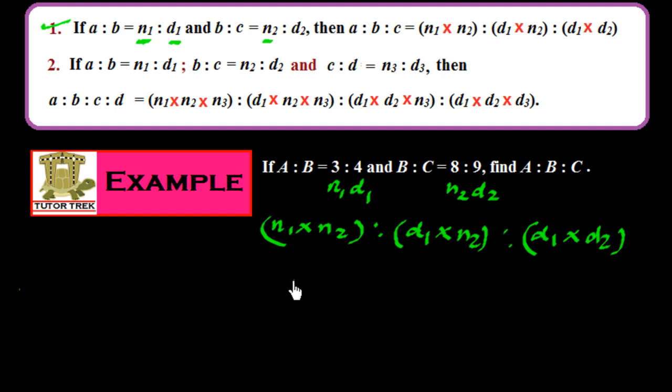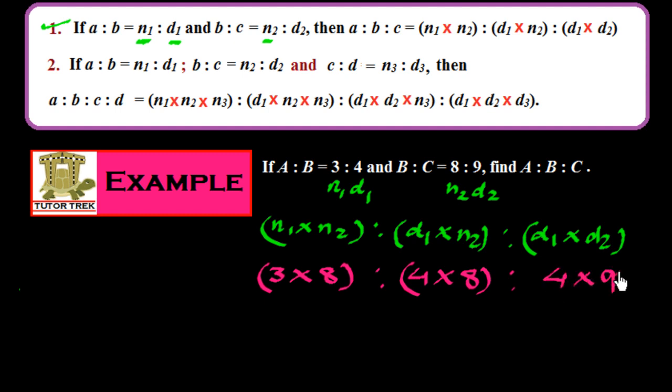Here n1 is 3 and n2 is 8, d1 is 4 and n2 is 8, and d1 is 4 and d2 is 9. So let us see what happens. 8 3s are 24, 8 4s are 32, and 9 4s are 36. So we have got this ratio.